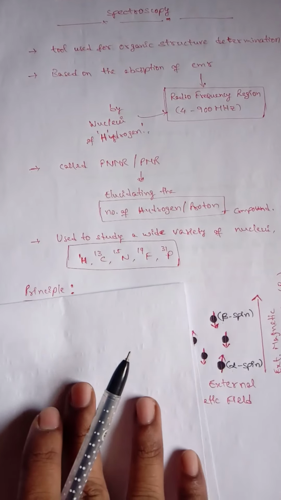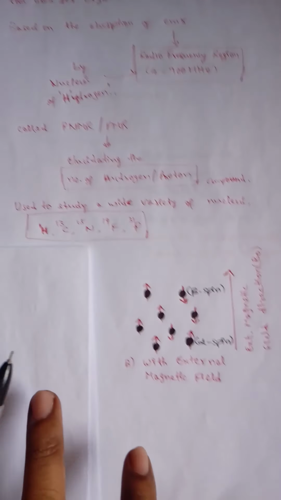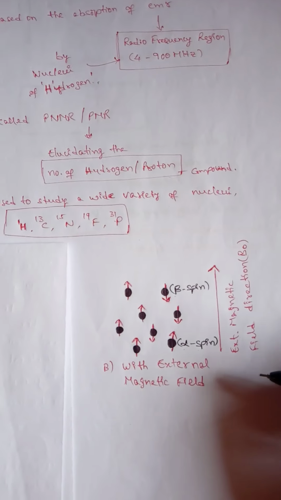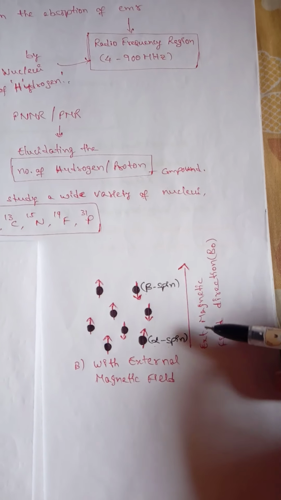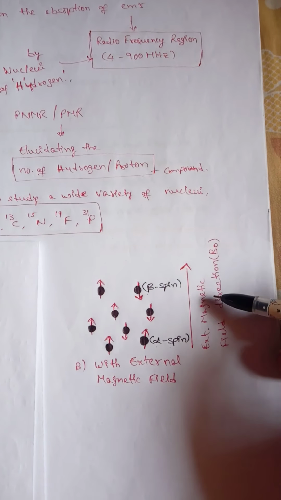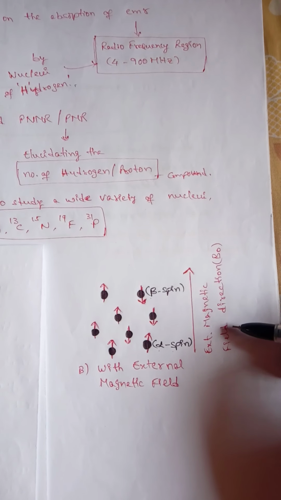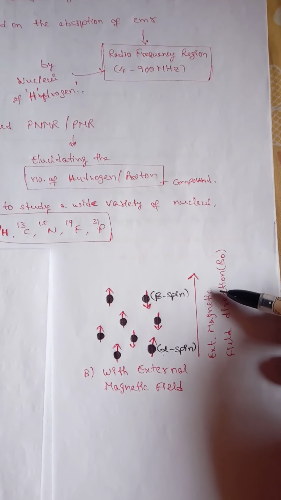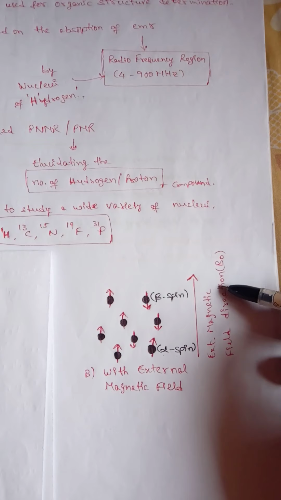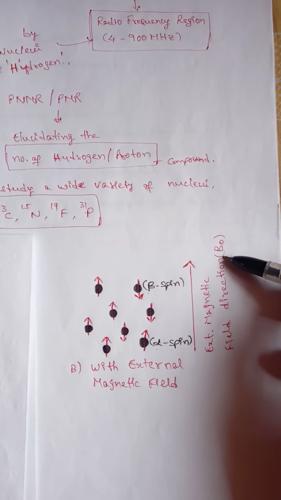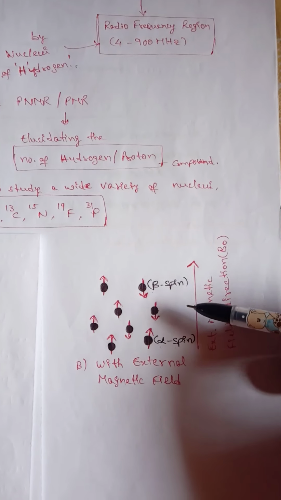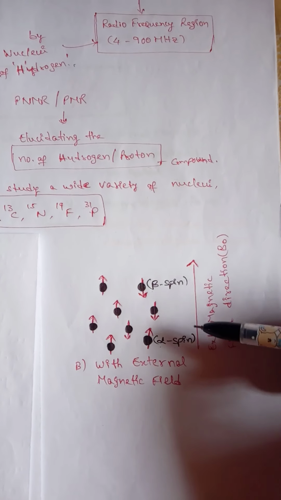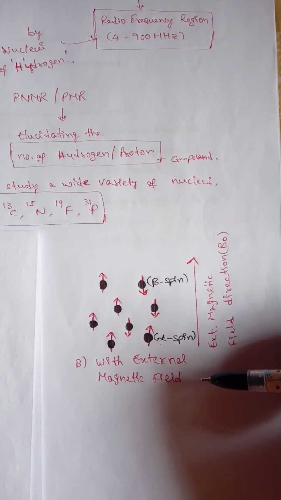Now see diagram B. Under diagram B, the external field is given, the arrow mark indicating the external magnetic field direction. The magnetic field is indicated as B naught. Here these are the nuclear spins with the external magnetic field applied.